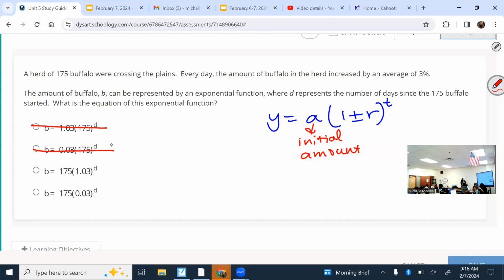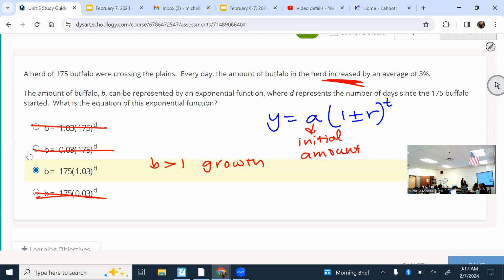Now, it says that it increased. If it increased, should my B value be bigger or smaller than 1? It should be bigger. So when B is greater than 1, that would be growth. And these B's are different, that's why I bring it up. So I can't have it be this option because then that would be decay, right? So this is my answer.